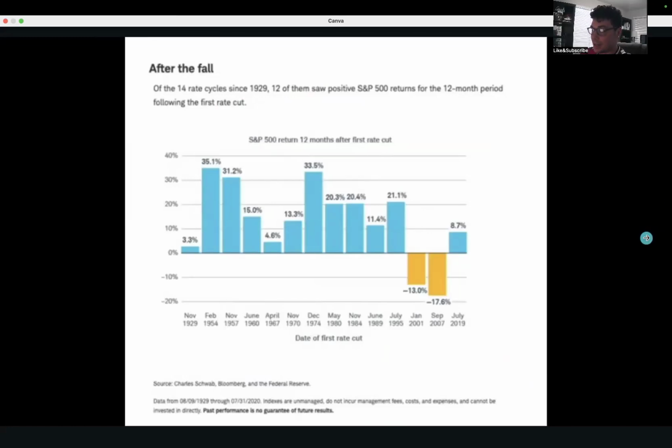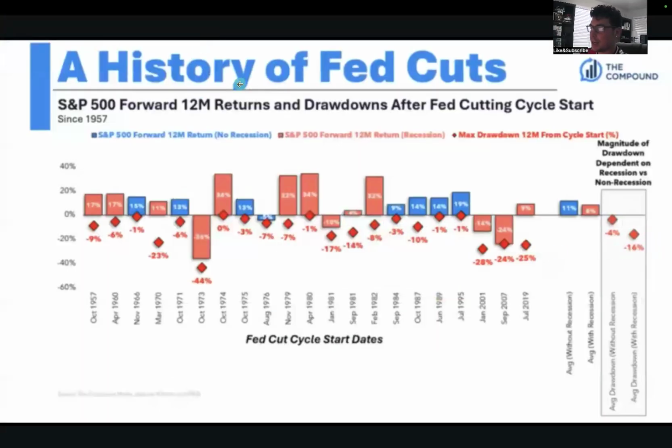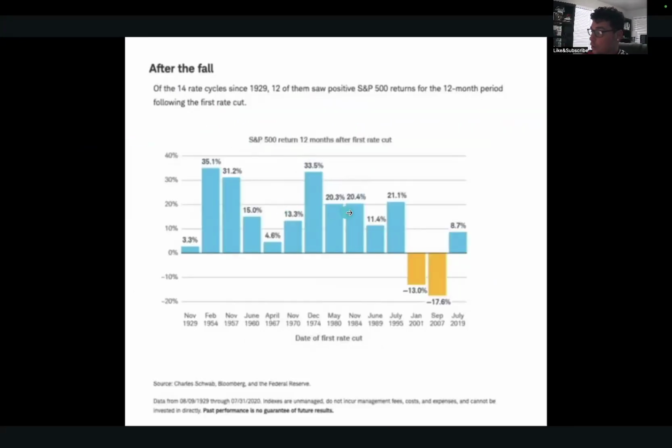So it doesn't necessarily have to be an event that leads to a 20% sell-off, a 30% sell-off, etc., okay? And when you look at the history of Fed rate cuts, the max drawdown, okay, so this is more specifically what we're looking at, okay, the forward 12 months returns and the drawdowns after a Fed cutting cycle start, so these just show you the overall returns 12 months out.